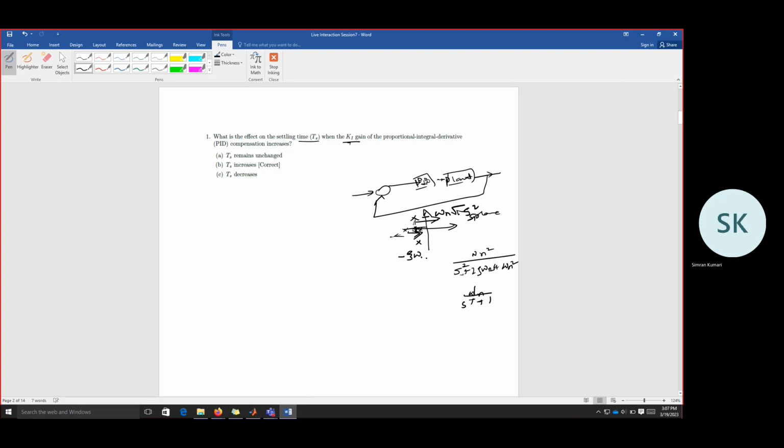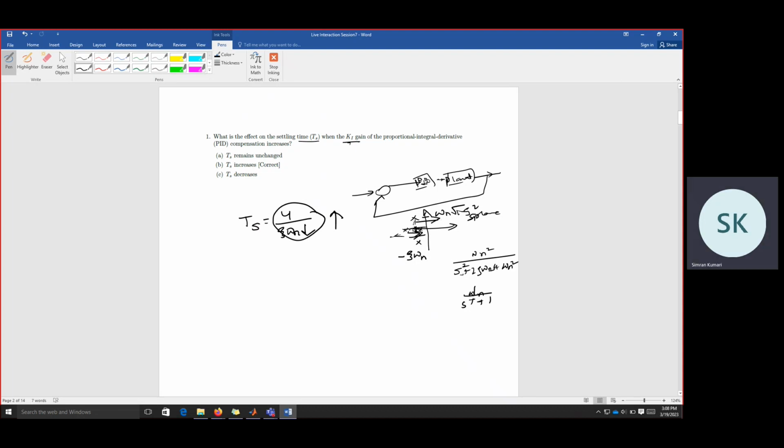What do we know about settling time? Settling time is 4 by zeta omega n. So if we increase the gain of the integral term, this whole term zeta omega n will decrease.